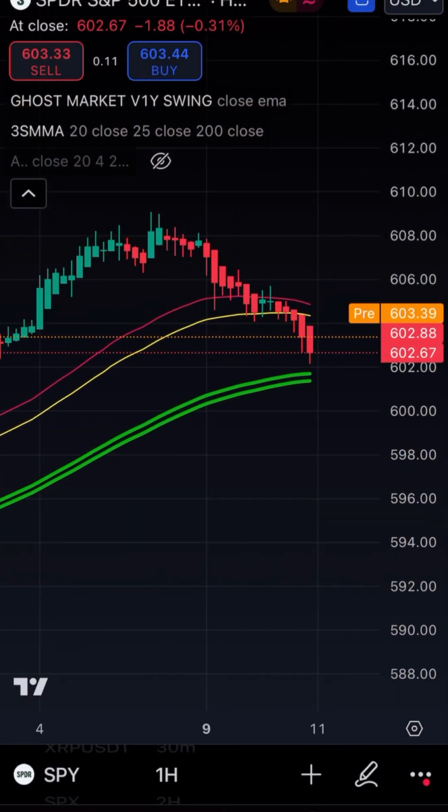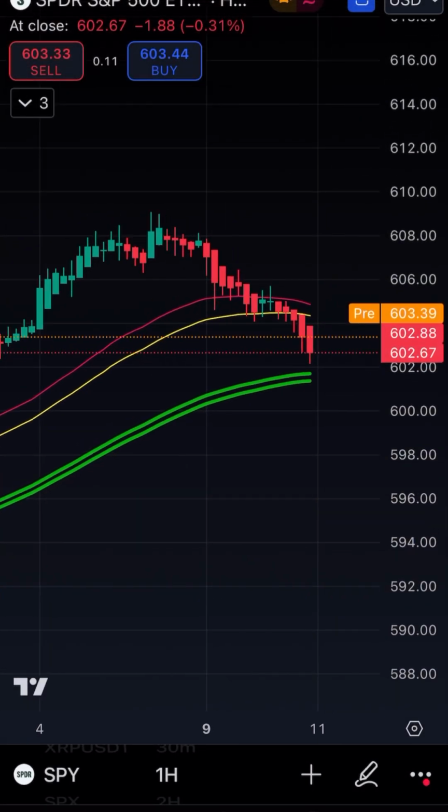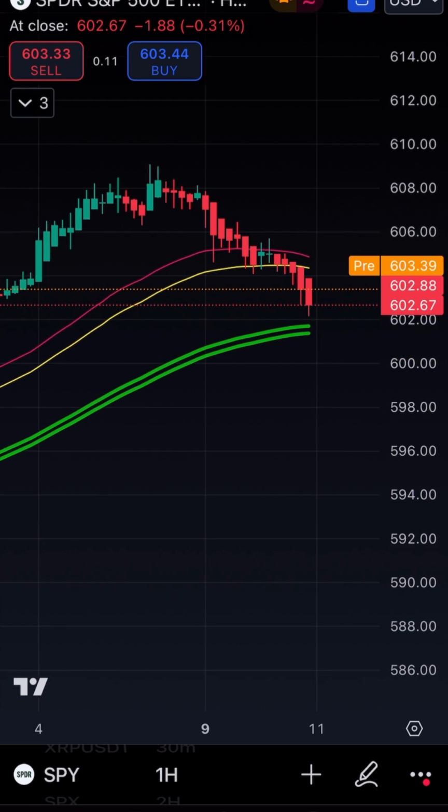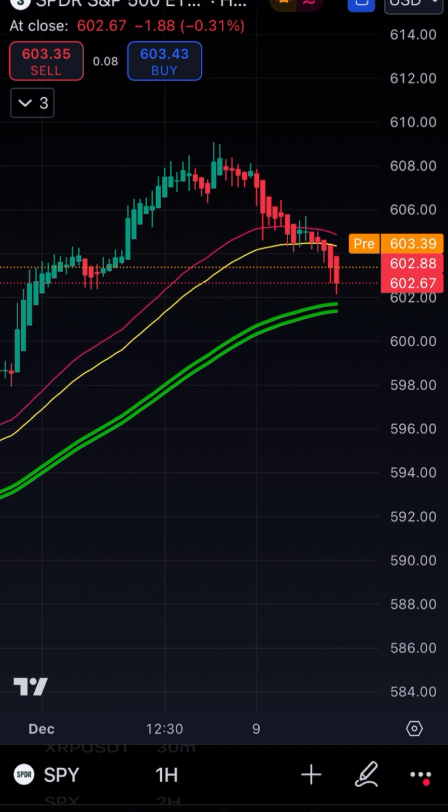Okay, so this formula is very easy to find. First thing, you want to go to your hour chart, and you want to set up 4 moving averages here. For those, you need at least 5 indicators, so you're going to need an upgraded version of TradingView. I have it based off of 3 indicators here.